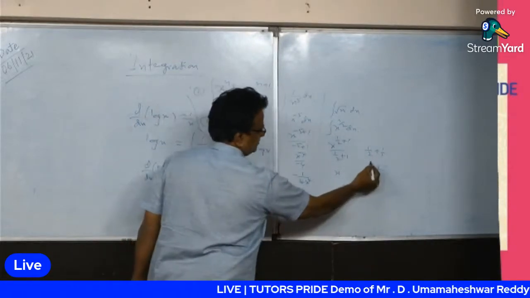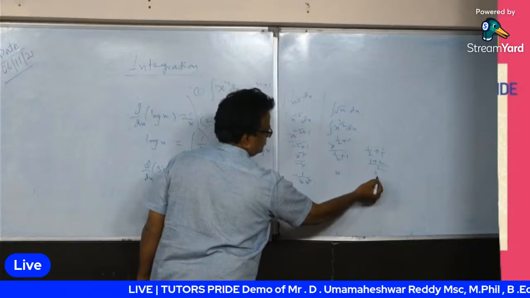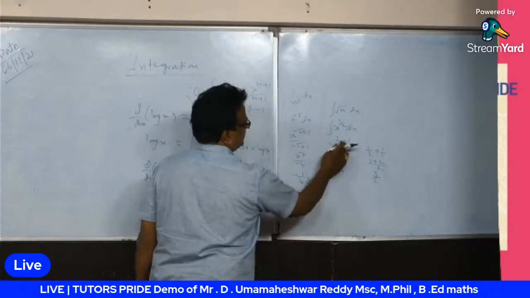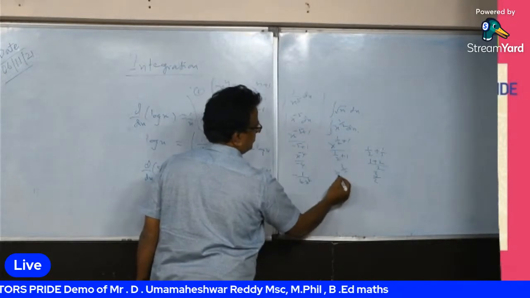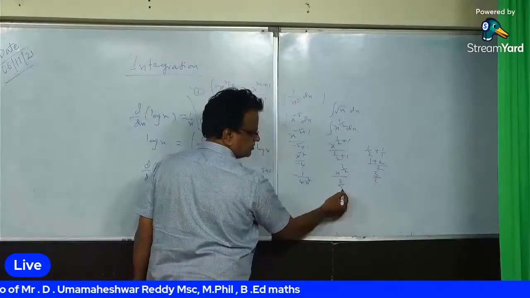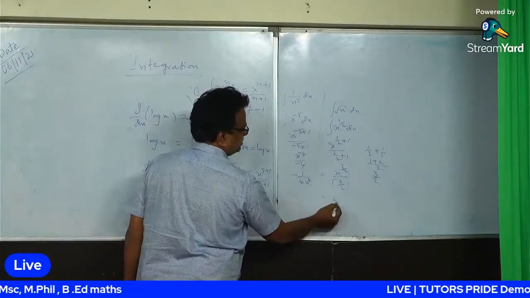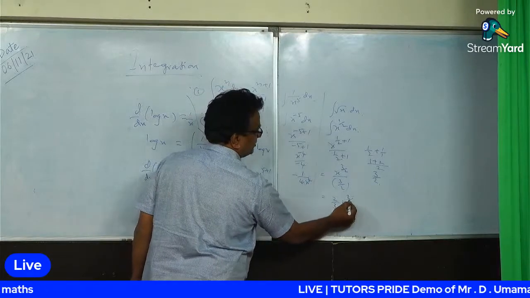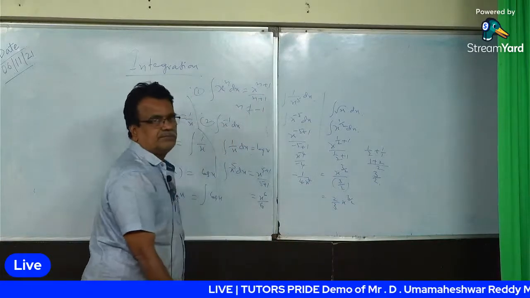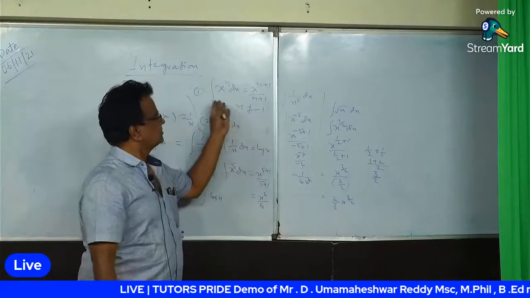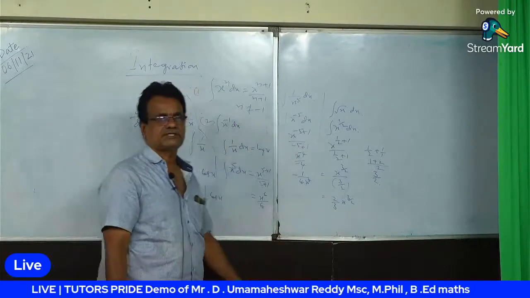So, 1 plus 2 is 3 by 2. So, half plus 1 is 3 by 2. Dividing by 3 by 2 becomes multiplying by 2 by 3. So, it is 2 by 3 x to the power of 3 by 2. Using this formula we have some small examples like this.